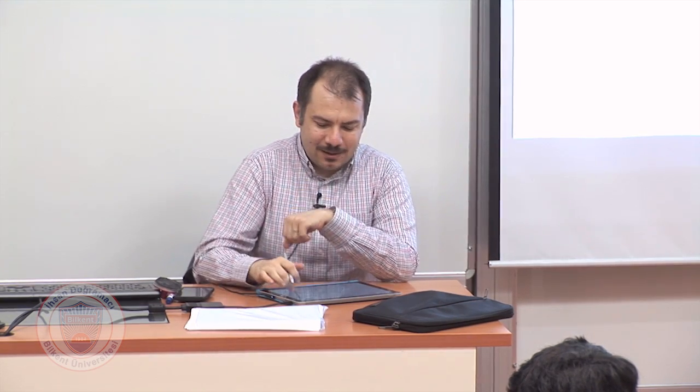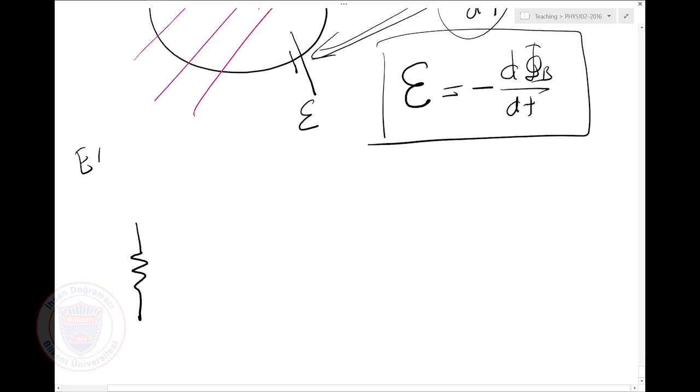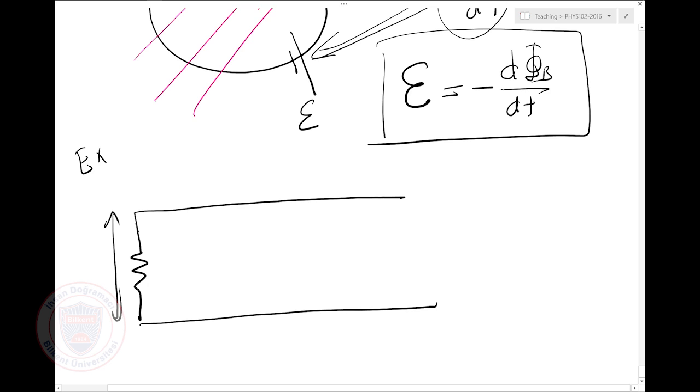All right? Let's solve one example, and then I'm going to let you go. And here's an example. Let's say that I have a circuit with a resistor R that has linear dimension L1 here and no resistance anywhere. And here I put a metal bar that can slide without friction. Okay? No friction.